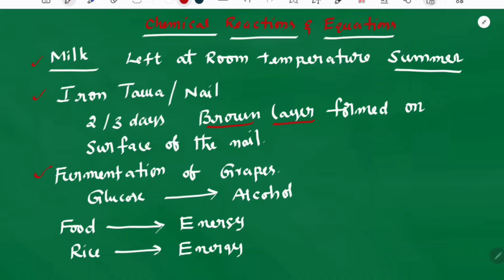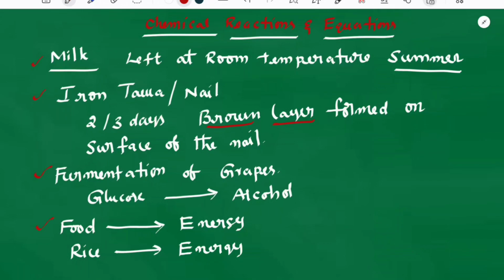It will get fermented by using the fermentation process. We can prepare alcohol industrially. Next, generally we are taking food. Any food you take, finally that is converting to glucose, and then it is converting to energy.